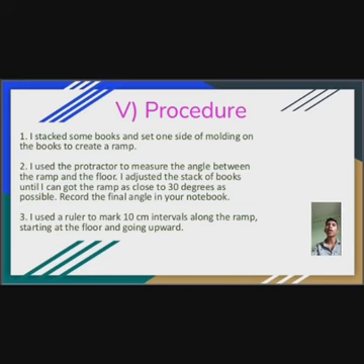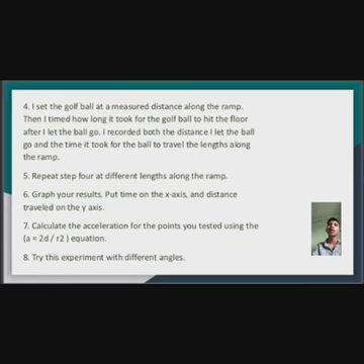Record the final angle in your notebook. Third, I use a ruler to mark 10 centimeter intervals along the ramp, starting from the floor and going upward. Fourth, I set the golf ball at a measured distance along the ramp. Then I timed how long it took for the golf ball to hit the floor.